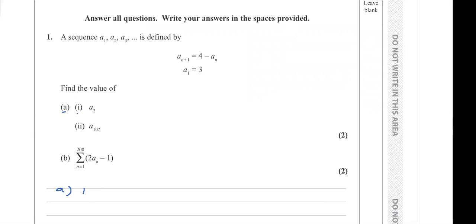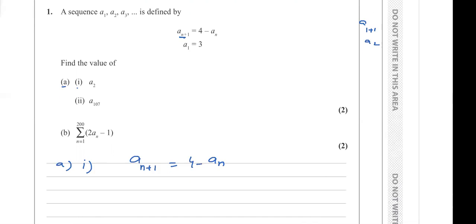Let's do part a1. How can we find a2 in this general term? If in place of n I write 1, then a(1+1) will become a2. So to get a2, put n equal to 1 in a(n+1) equals 4 minus a(n).